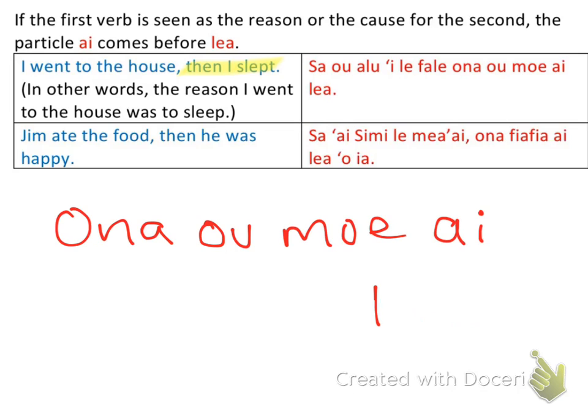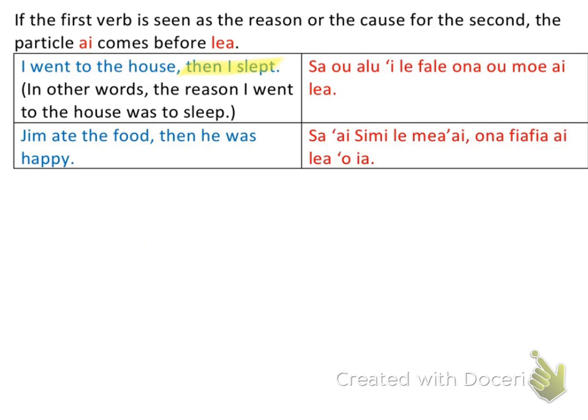Let's do the second example: Jim ate the food, so you should be able to translate that pretty easily. That would be sa ai simi le mea ai. Again, I don't need a tense marker for the second portion of the sentence, but then he was happy. Since Jim ate the food, he was happy, so I'm going to put an I before that leia.